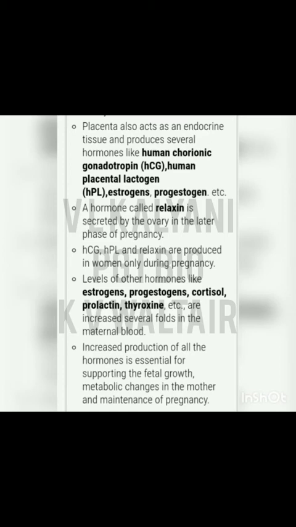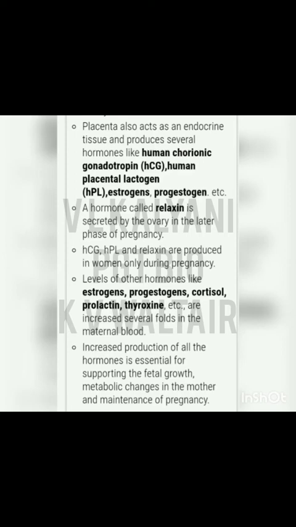Then HPL, human placental lactogen. Another, estrogen and progesterone. So these are the special hormones released by the placenta during pregnancy: human chorionic gonadotropin, human placental lactogen, estrogen and progesterone.